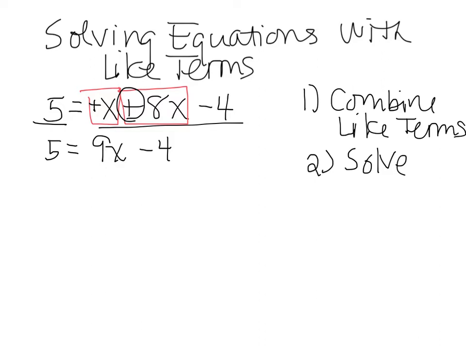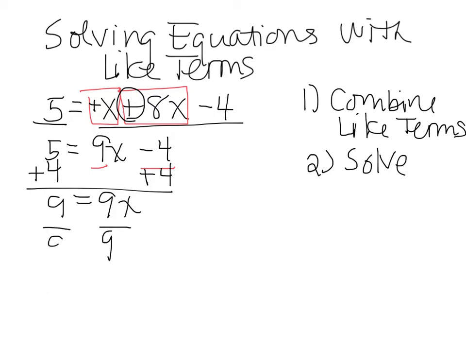So, you can see I need to get rid of minus 4 and times 9. What I'm going to do first is add 4 to get rid of that. If I do it to one side, I do it to the other. That gives me 9 equals 9x. To undo 9 times x, I divide by 9, and that means that x equals 1.